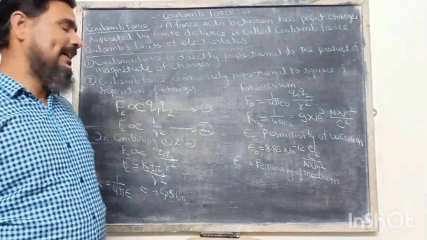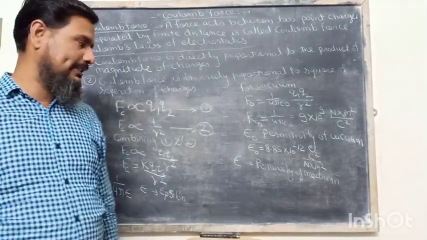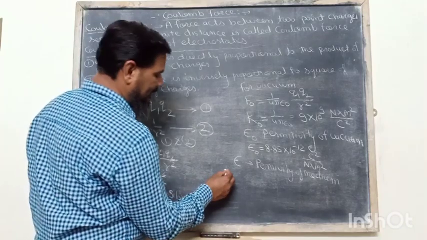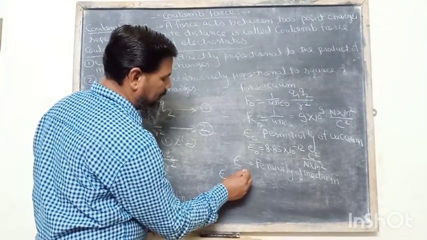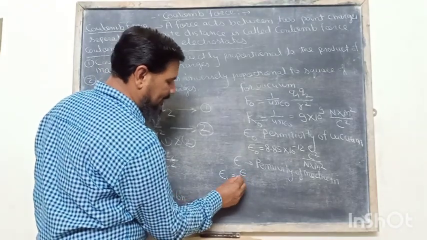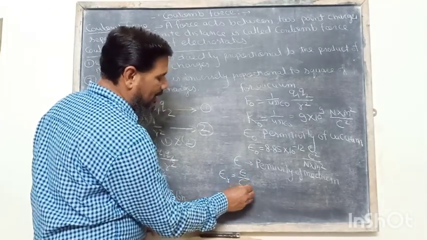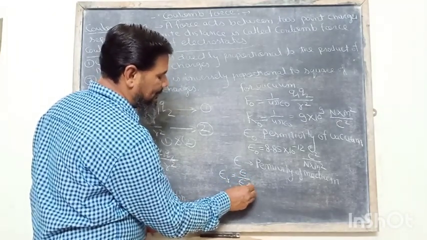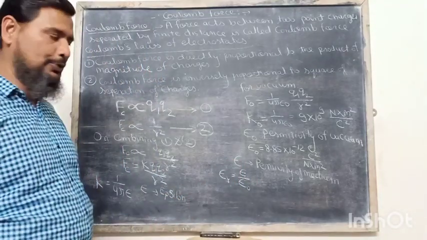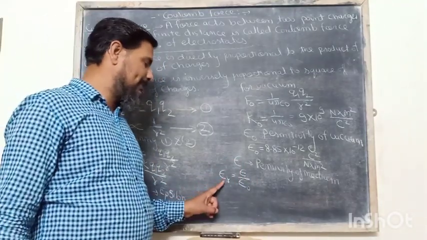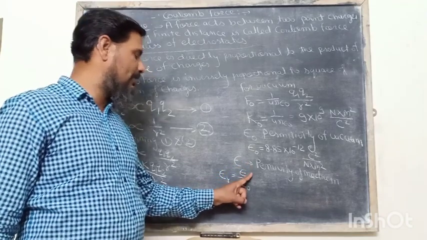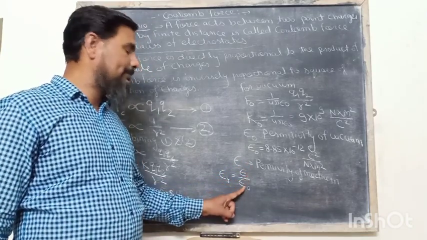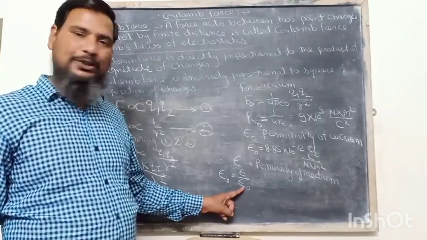It is defined through the relative permittivity. Epsilon r is equal to epsilon, the permittivity of the medium, upon epsilon naught, the permittivity of vacuum. So relative permittivity is the ratio of the permittivity of the medium to the permittivity of vacuum.